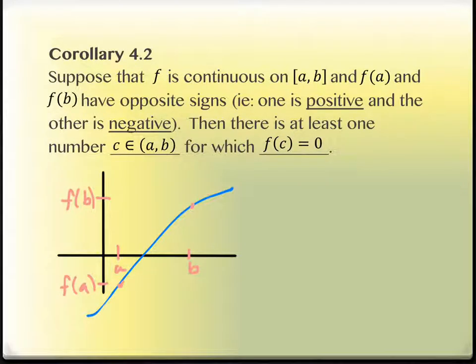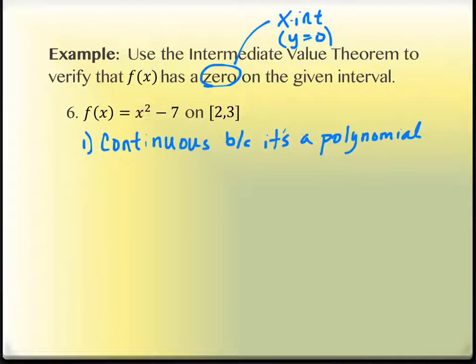All right, the second thing is, it says that f of a and f of b have to have opposite signs. So what are my a and my b in this particular scenario? 2 and 3, you got it. So these are the values that I'm supposed to be considering.